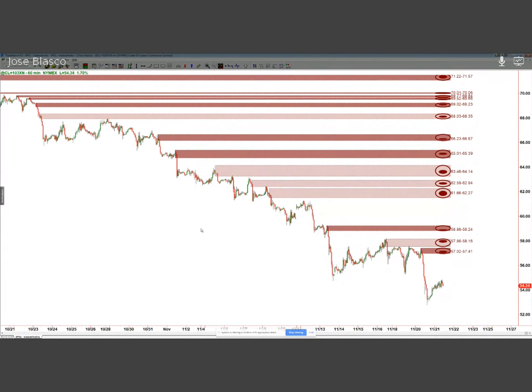One basic one would be, okay, ignore the light and just trade the dark. Another way would be, when I have UFOs that are so close to each other, I'll treat them as one. That would eliminate some of the zones, and therefore have you trade a little less often.